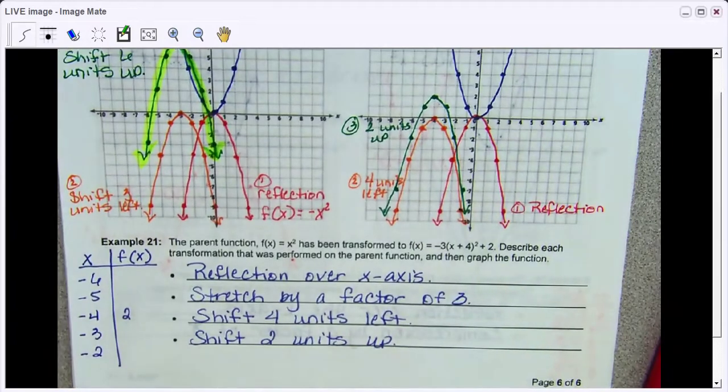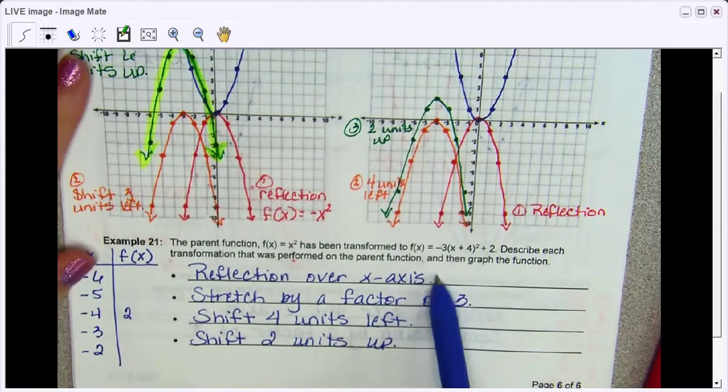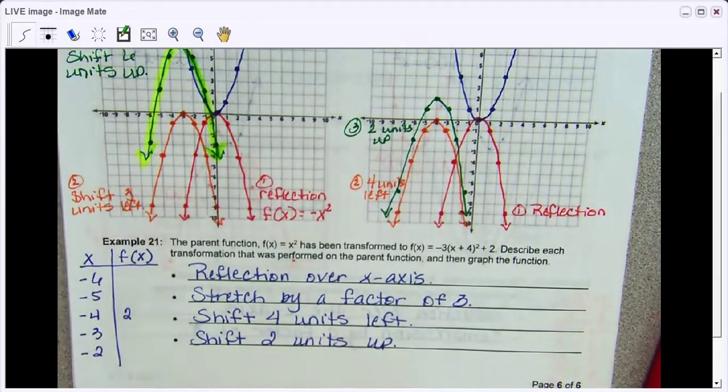So are there any questions about that? Or can I maybe try to explain it again? Okay, so here, once you figure out all the transformations that need to be made, you could do all of them except for the stretch or compression.